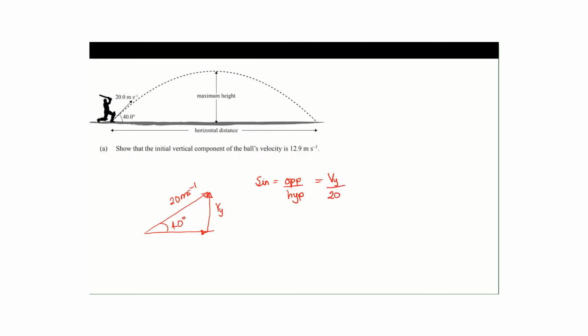So 20 sine 40 degrees equals Vy, which gives us Vy equal to 12.8558, which if we round this, Vy equals 12.9 meters per second, as they asked us to show.